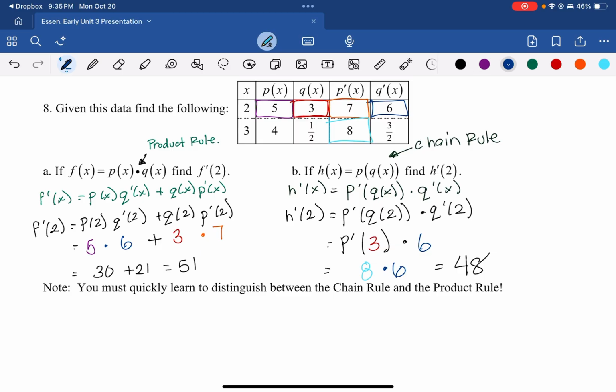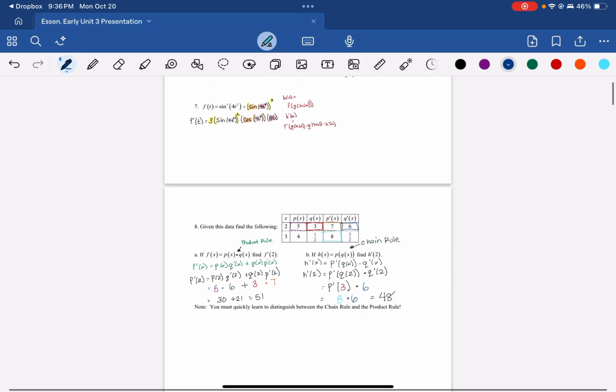So like example 2 and example 4 and example 7, those all had trig functions that were usually our outside function, and we had a function that was a t or an x or a theta inside that. So that sometimes can help you narrow down if you're using the chain rule or a product rule. Okay, good luck.